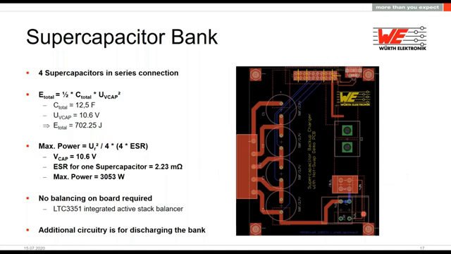What we see in the layout is also this pin header here. This is just because of some engineering play around with Arduino and a status bar we designed to show the energy that is left in the supercapacitor bank.